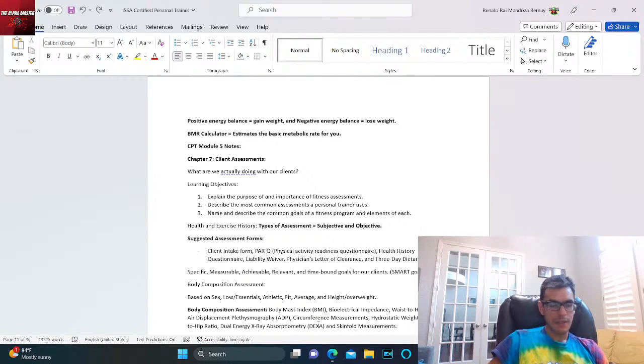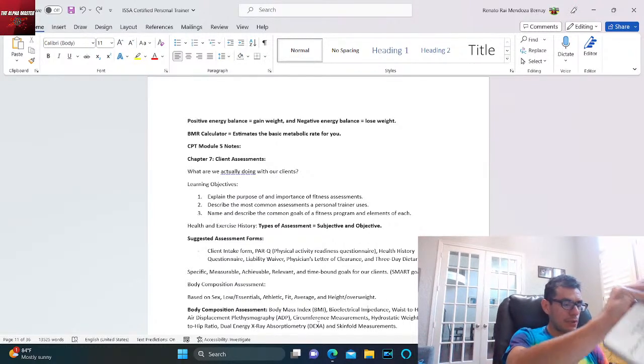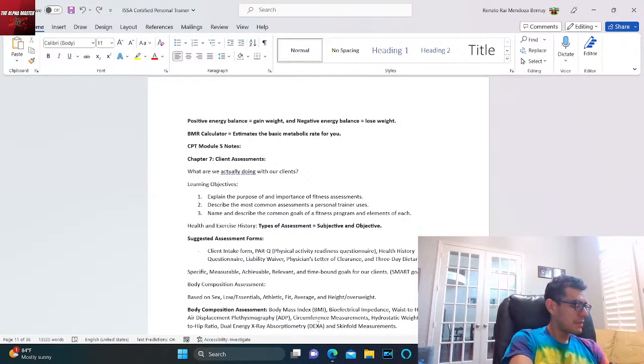The body mass index, BMI, which is just going to be your height times your weight, I believe. Then your bioelectrical impedance, the waist to height ratio, air displacement plethysmography, ADP, the circumference measurements, hydrostatic weighing, the waist to hip ratio, and the dual energy X-ray absorptiometry, the DEXA, which is about $300.